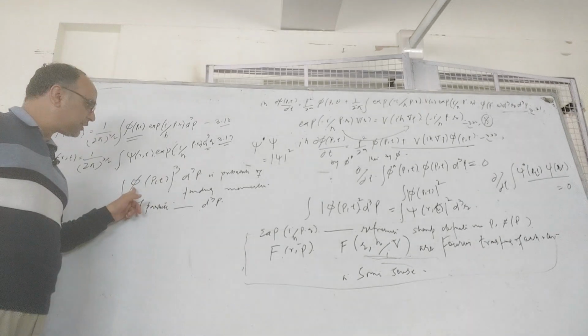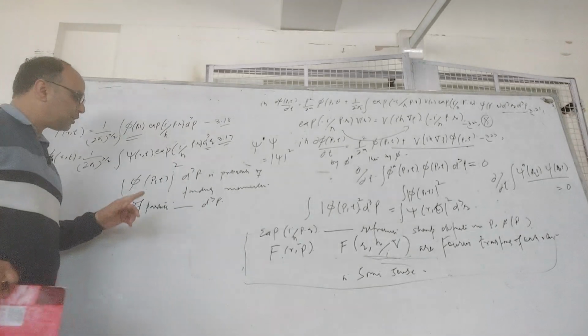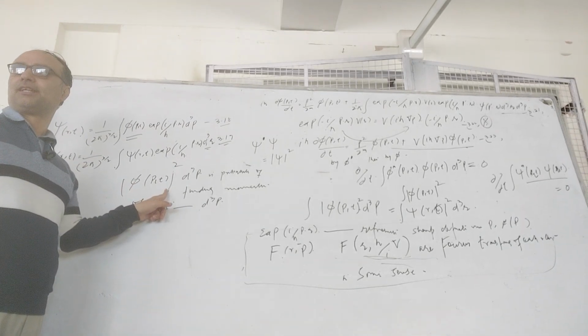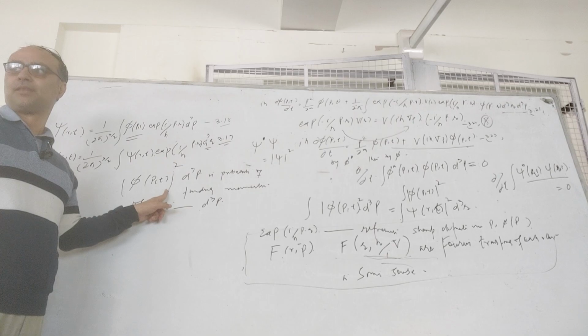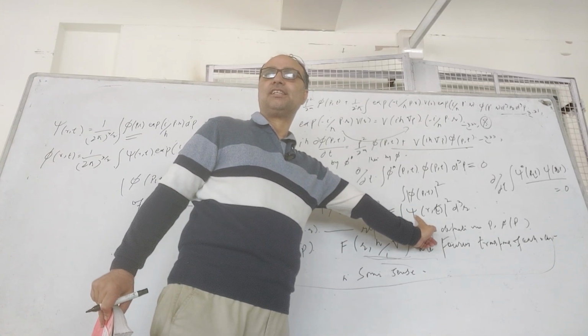This is what? This is a probability of finding the particle in phi space. So in the same way we have to find the probability of a particle in the psi space.